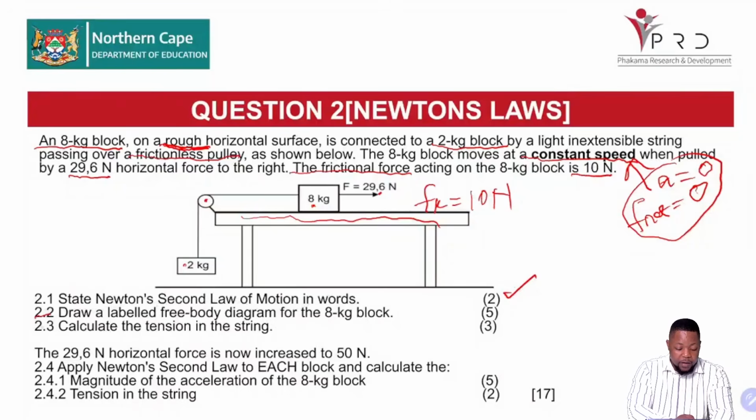Another definite mark. Draw a labeled free body diagram of the 8 kg block. We look at the 8 kg block. The 8 kg block is resting on the surface of a horizontal table.